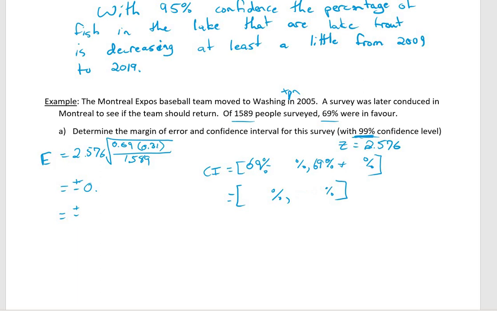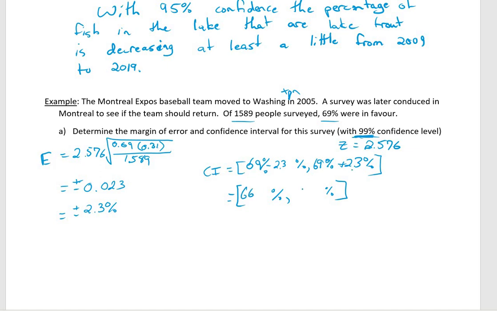So, according to my calculator, that is 0.023, or plus or minus 2.3%. There's a much smaller interval. All right.